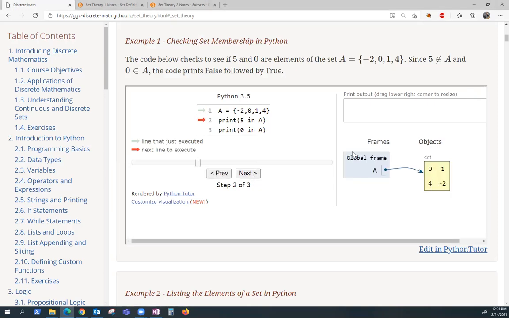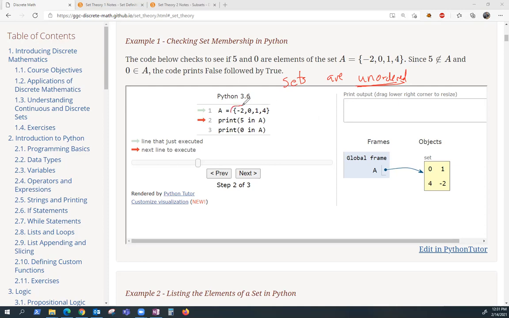So here's my frame, here's my object, here's the set 0, 1, 4, -2. I want to point something out that's very, very important. And it was part of the definition of a set before. Sets are unordered. And that distinguishes them as a data type from lists in Python. Remember, lists always have an associated index. That's not true with sets.